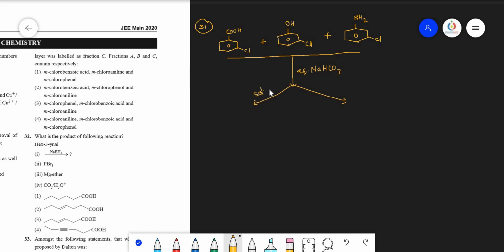So soluble part and insoluble part. So after dissolution into the NaHCO3, because the carboxylic acid part only dissolves and forms its respective ion, it is soluble. So in the first fraction, the compound is metachlorosodium benzoate or else metachlorobenzoic acid is present, and insoluble contains these two parts.